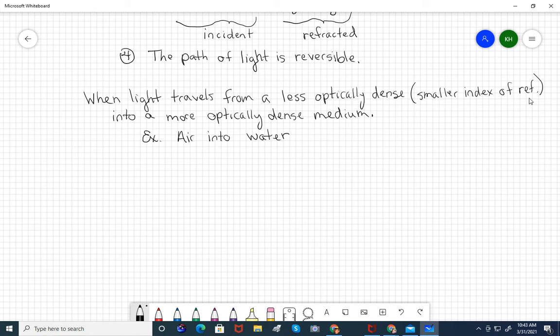When that happens, the ray refracts, which is another way of saying bends, toward the normal.